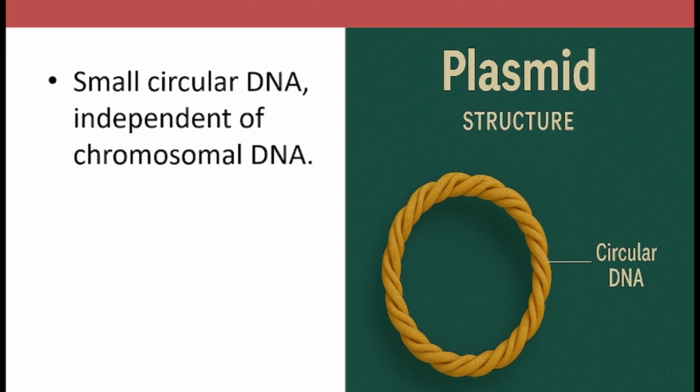Okay, so the next structure is a plasmid. You can see the plasmid is circular in nature, like when you are winding a double helix. It's a small circular DNA which is capable of replicating independently of the chromosomal DNA.